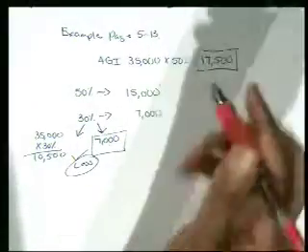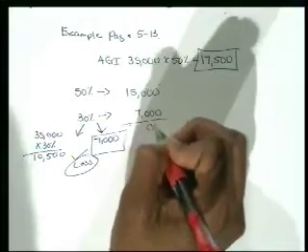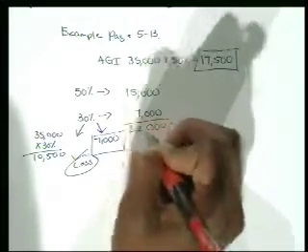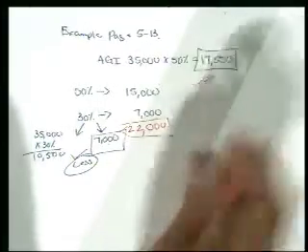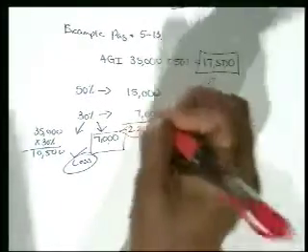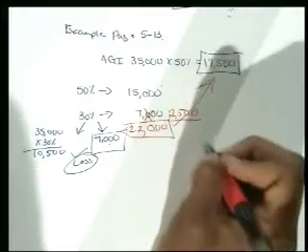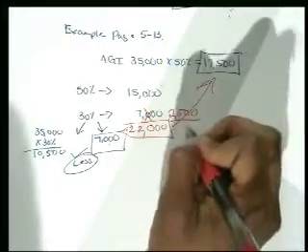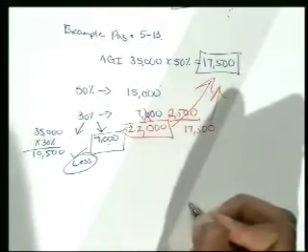The issue is that if she takes that full 7,000, she would end up with a $22,000 charitable contribution deduction. She can't take more than $17,500. So therefore, she's only going to be able to take in this year $2,500, which would bring her charitable contribution up to $17,500.